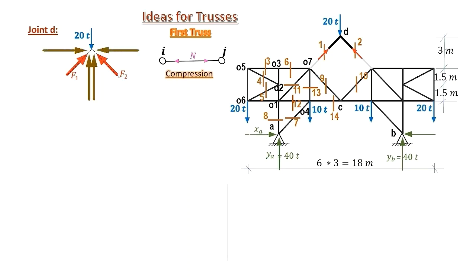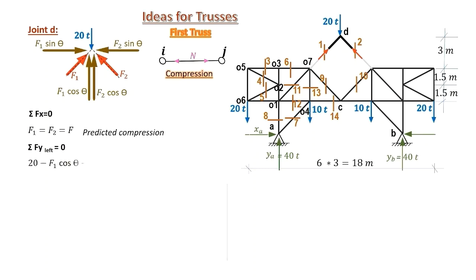Those are the horizontal components. We know that theta here is 45 degrees. Sigma forces in the x direction equals 0. We conclude that F1 equals F2, or just from symmetry. Predicted compression, as we previously explained.